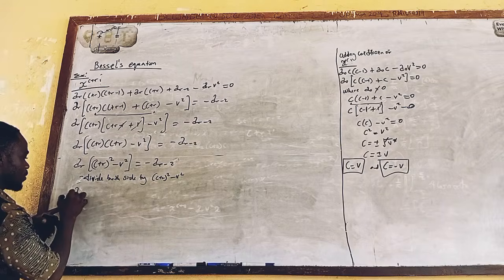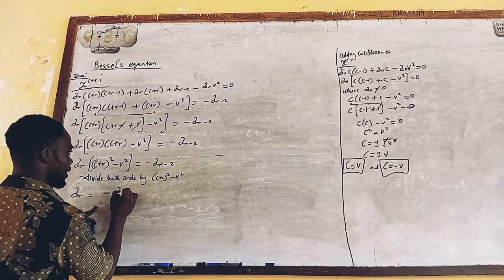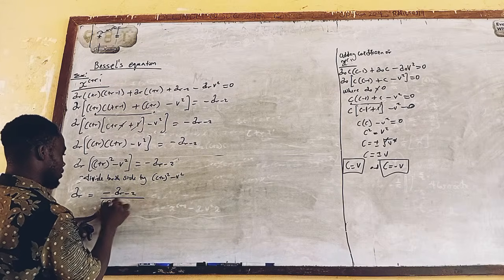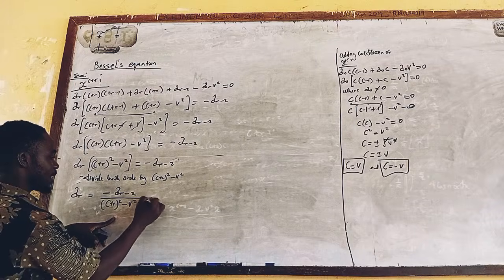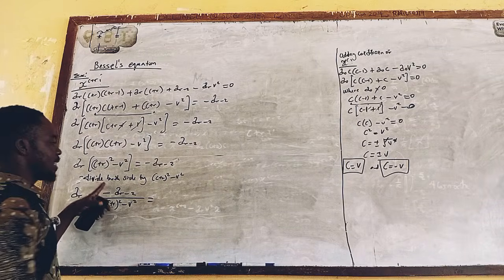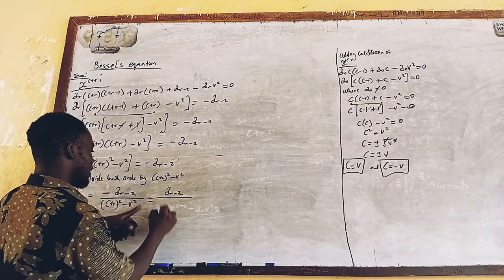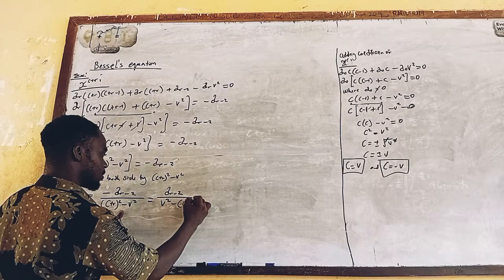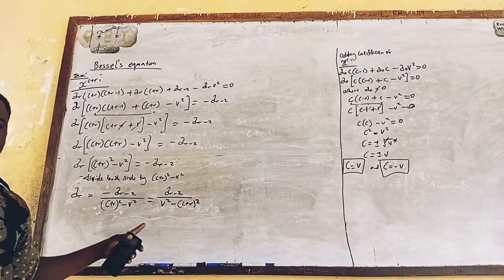We're going to have only a r out here equal to minus a r minus 2 over c plus r square minus v square, which we can rewrite. In order to cancel this minus in front, we can rewrite it as a r minus 2 over v square minus c plus r square. We can rewrite it as this.